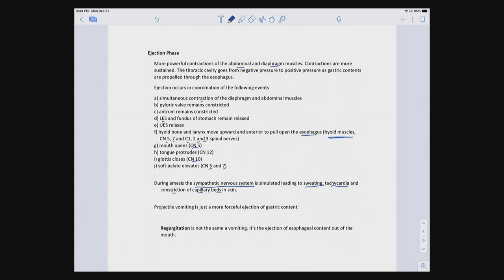You sometimes will hear the phrase projectile vomiting, and that's just a descriptor. Basically, it is what you think it is. It's when the contents of the stomach are coming out with such force that it's spewing out a fair distance. Again, that's just adjectives that describe the violence of the vomit or the emesis event itself.